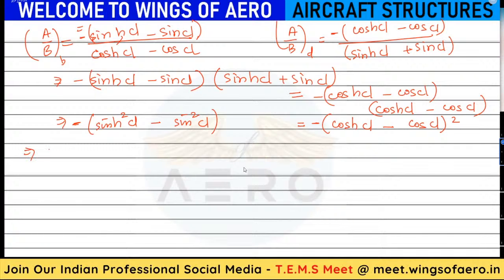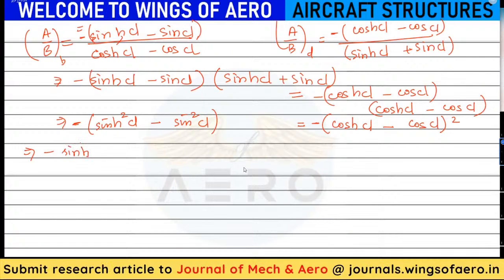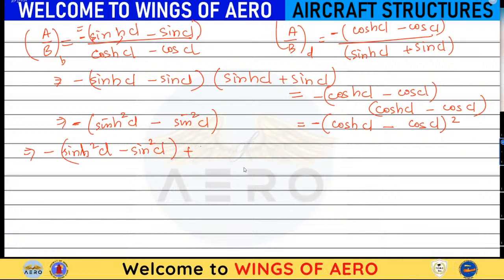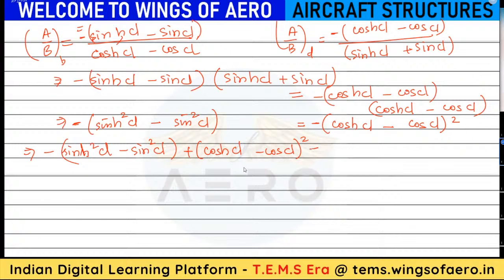So finally we can write minus sinh square CL, sin square CL, minus becomes plus of cosh CL minus cos CL whole square equal to 0.